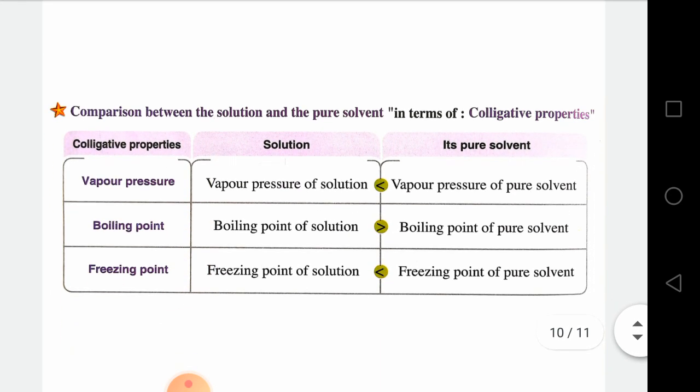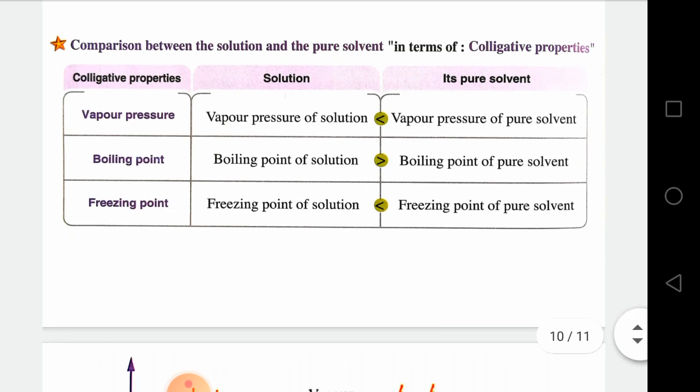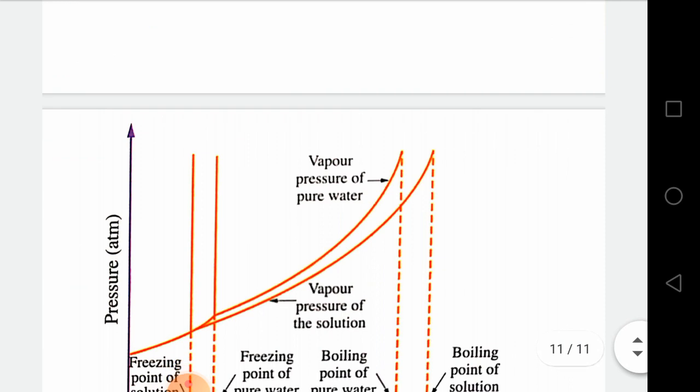Here, as a conclusion, we compare the three colligative properties and their values in solution and in pure solvent. Vapor pressure in solution is less than the vapor pressure in pure solvent, while the boiling point of solution is higher than the boiling point of pure solvent, and the freezing point of solution is also less than the freezing point of pure solvent.